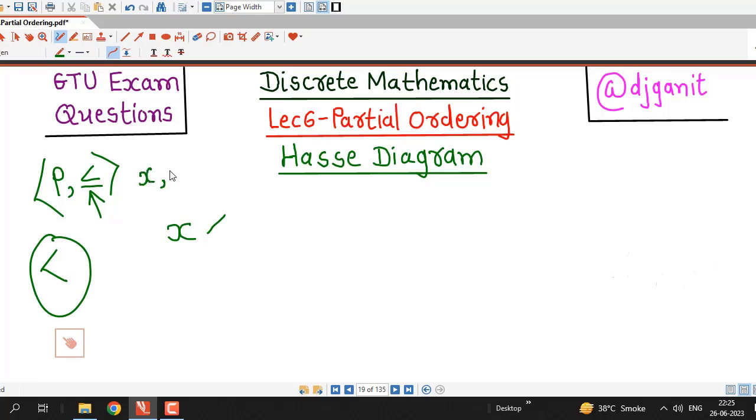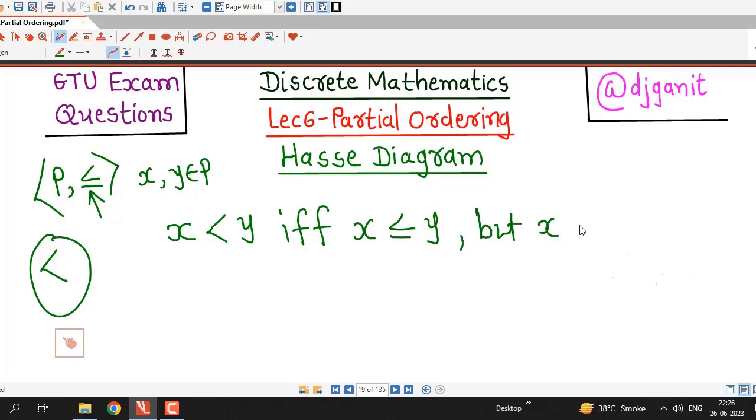For x, y belonging to P, x is less than y if and only if x is related to y but x and y are not equal. We are going to use this notation for representing a partially ordered set by a Hasse diagram.